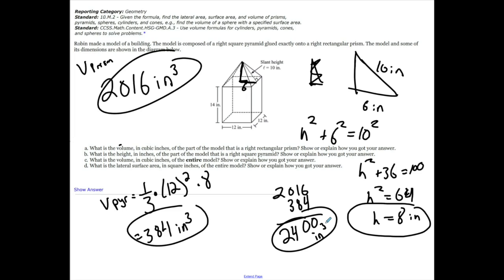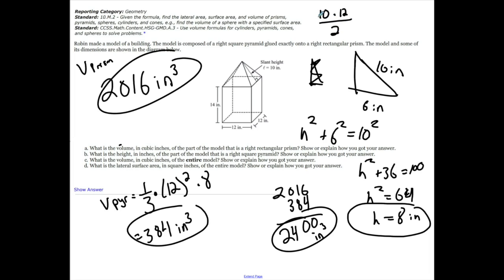Finally, surface area of the whole model. Lateral surface area. The way I interpret this is we need to calculate the surface area of everything that's outward facing. So, we have the slant height here of 10. We have a base of 12.